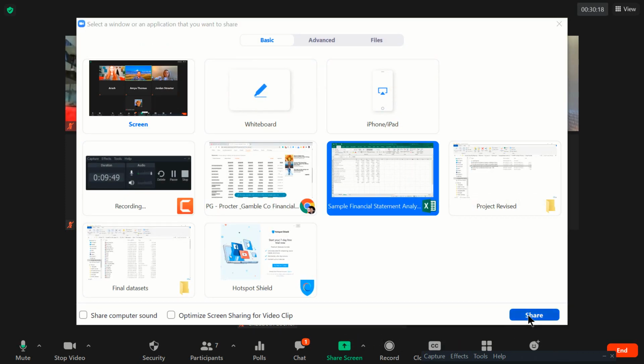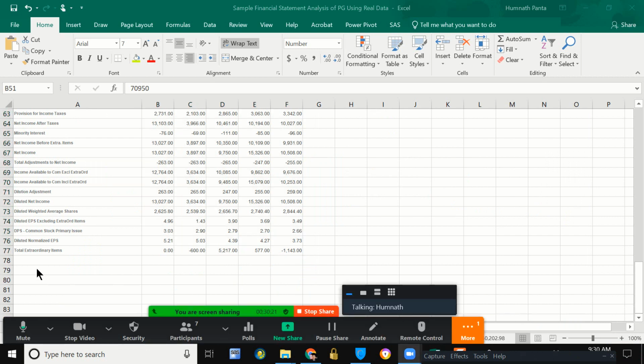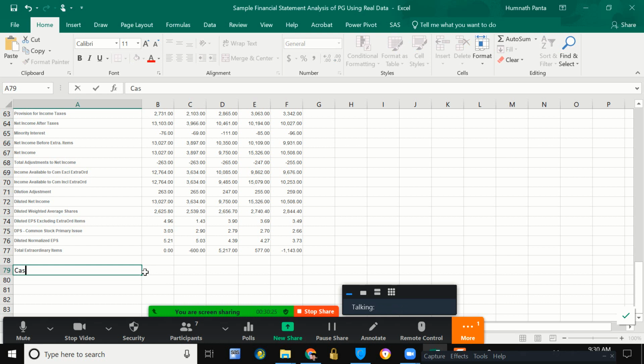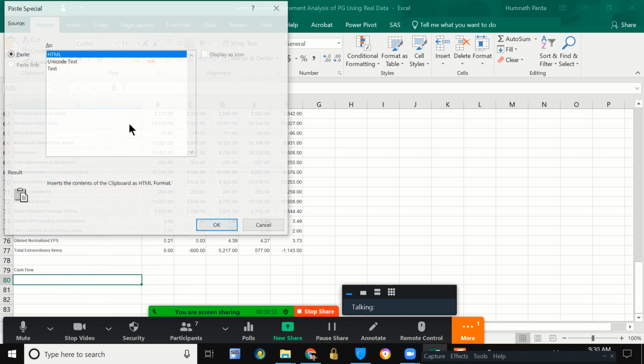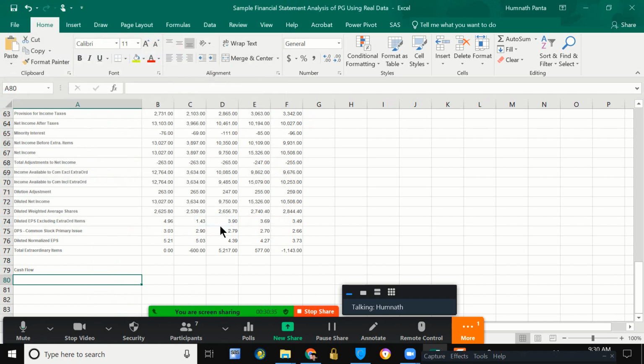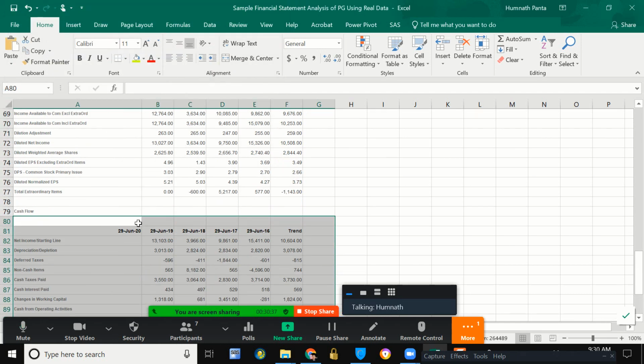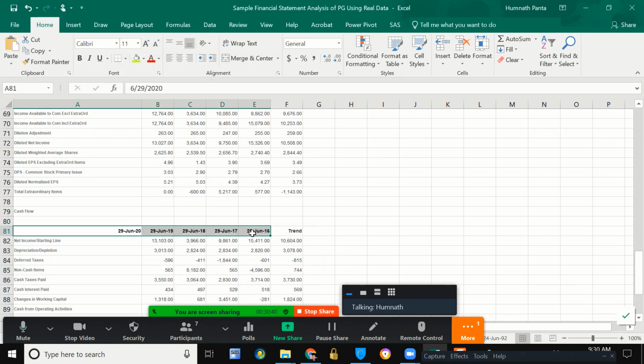Now I'm here in the Excel. So here I'm going to write cash flow statement, and then I'm going to do right click, paste special, and HTML. Okay, here you go. So we have now everything we need.